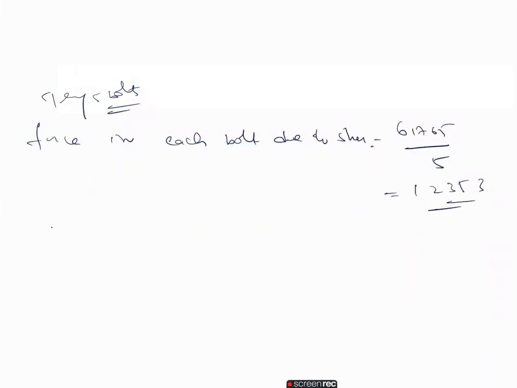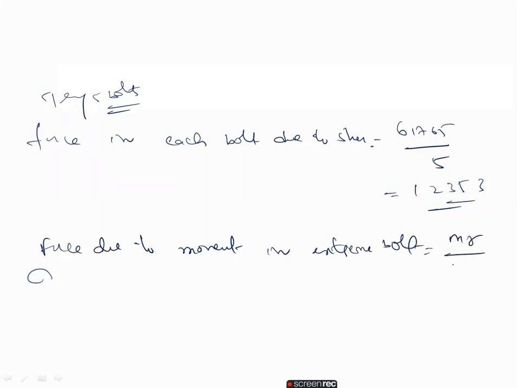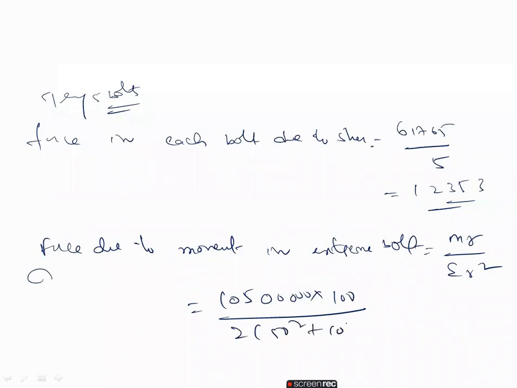So again I will calculate the force due to moment in the extreme bolt, equal to M r by sigma r square. Simply substitute here, 50 square plus 10 square, and you will get 42,000. 50 and 10 are the distances on both sides, the pitch.